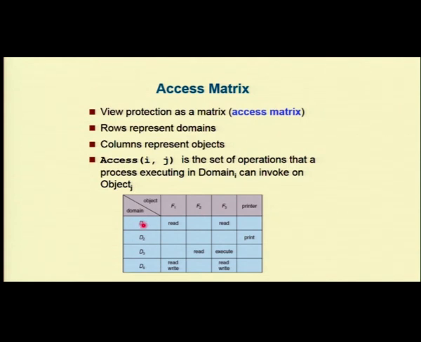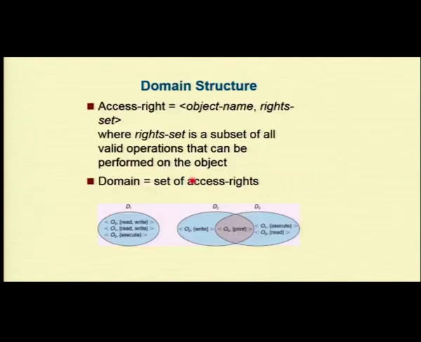The domains are D1, D2, D3, D4. Please look at the earlier slide again. A domain has objects. In that particular domain, the object has a capability of read, write or execute, or whichever combination. Once again I wish to repeat, in the domain D1, the object O3 has a capability of read and write.